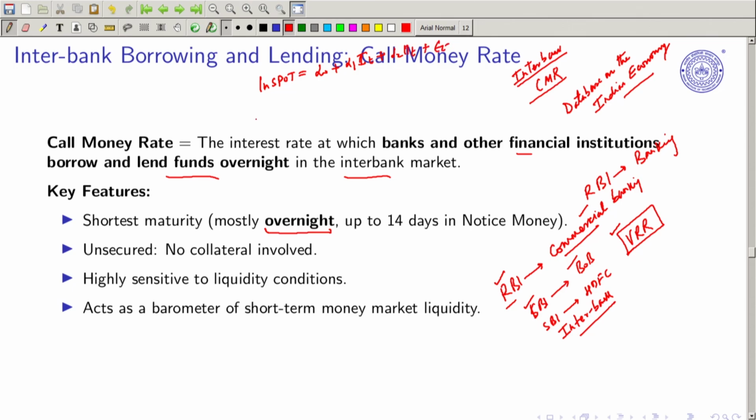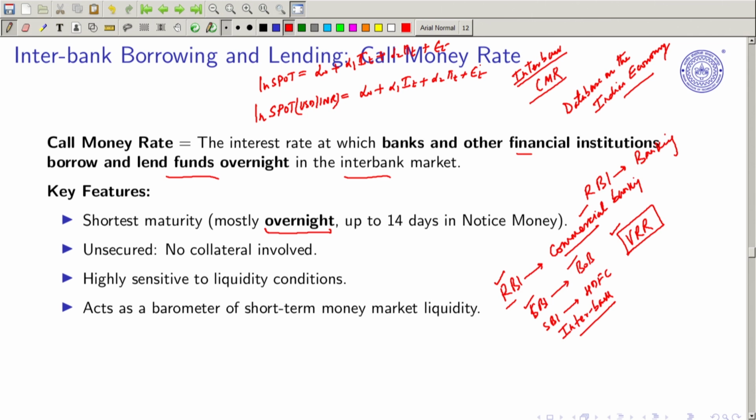So let me write it down clearly: log of spot is equal to alpha 0 plus alpha 1 times the interest rate, plus alpha 2 times the inflation IT, plus epsilon t.